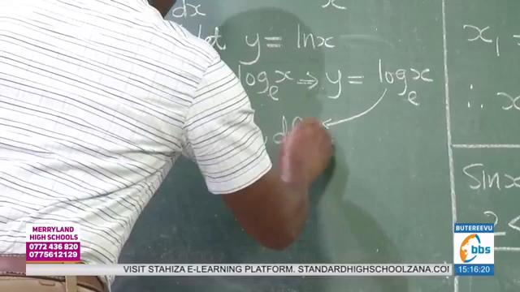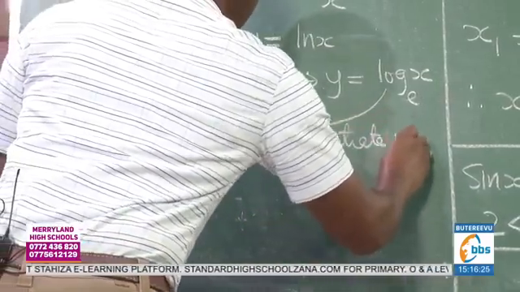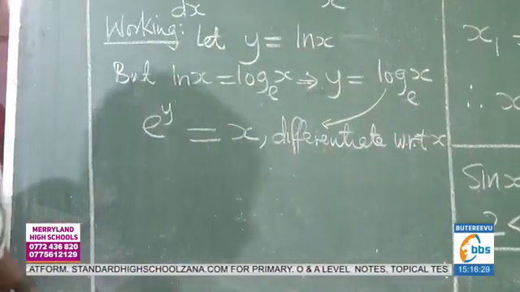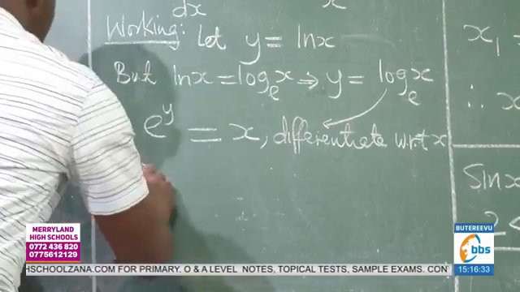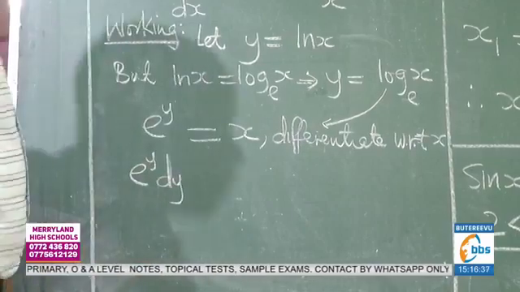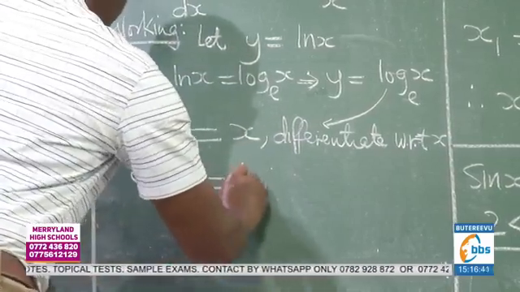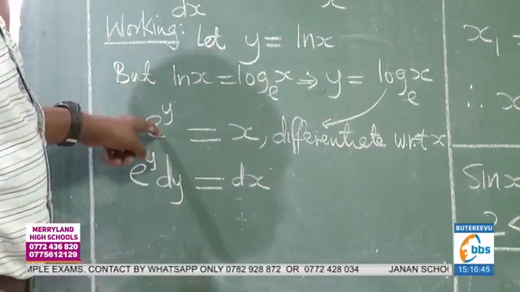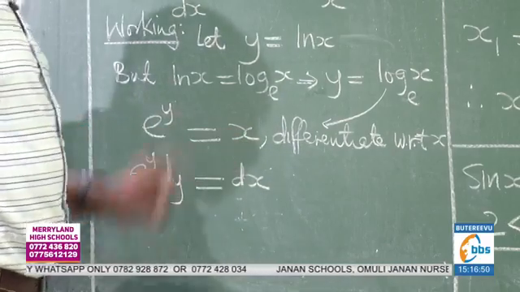If we differentiate with respect to x, we shall get e to the y dy by dx, I'm differentiating at a go, will be equal to 1. Why? If you differentiate e to the y, it stays the same. But if you differentiate x, it becomes 1.